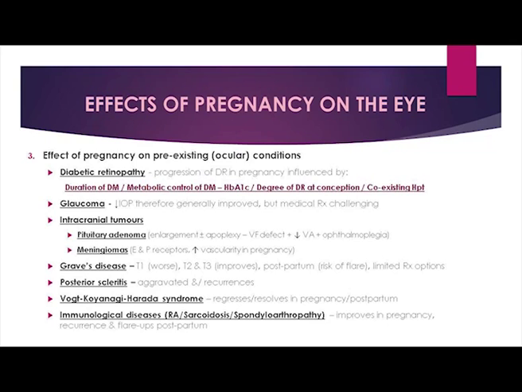So the main things influencing it are the duration. It's the same thing for diabetes outside pregnancy. Duration of diabetes is what's important. Your glycemic control, so your baseline HbA1cs, and your degree of diabetic retinopathy at conception. So how much disease you already have at the time of falling pregnant, and then any coexisting hypertension.